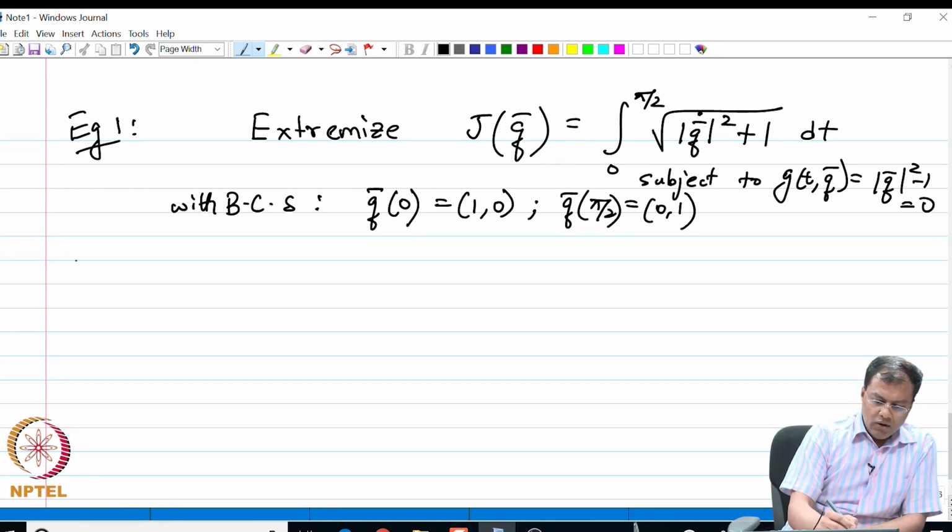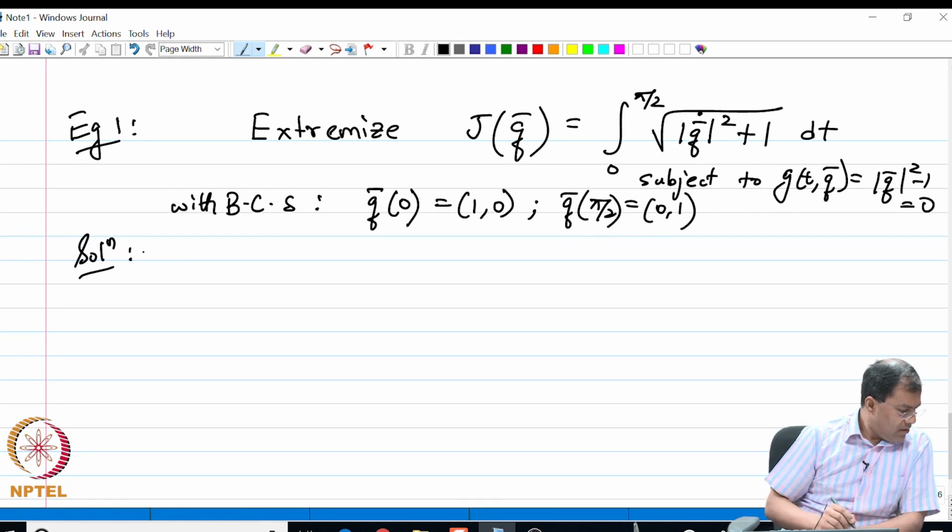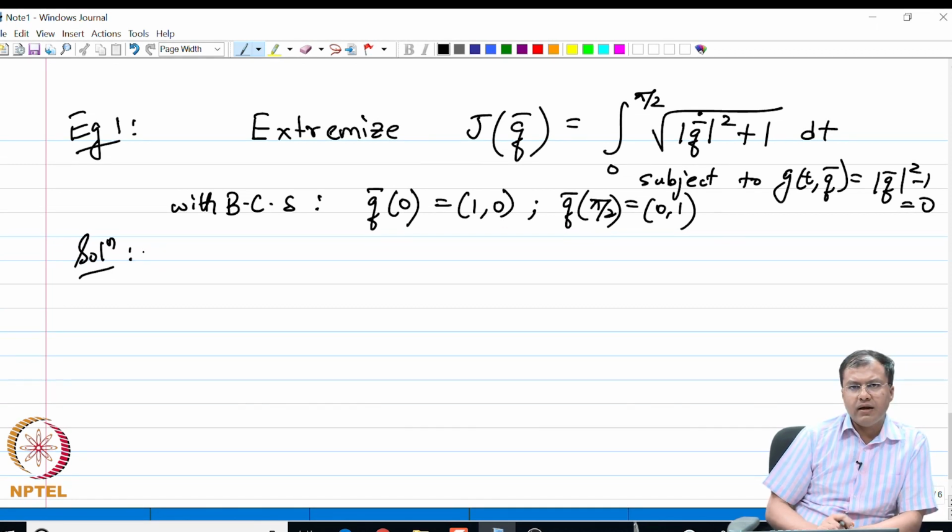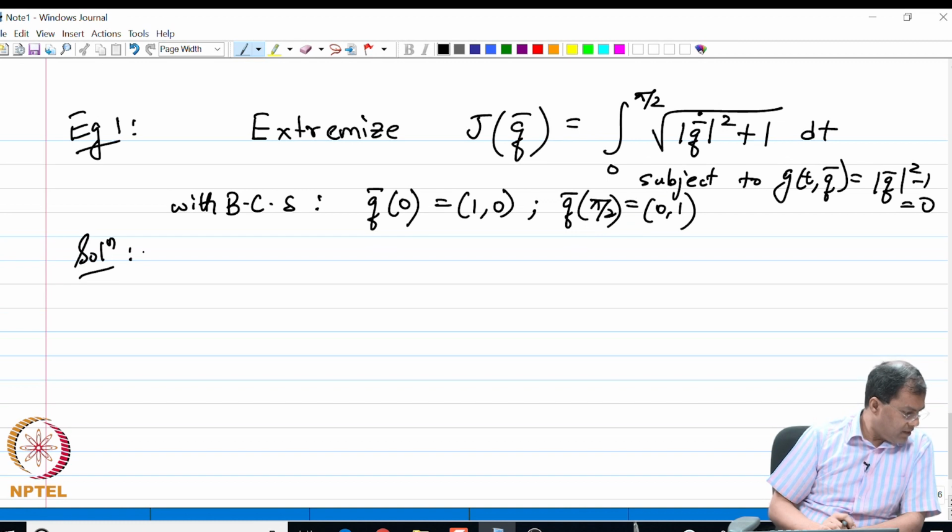Again, the way to optimize is to directly set up our Euler-Lagrange equation.